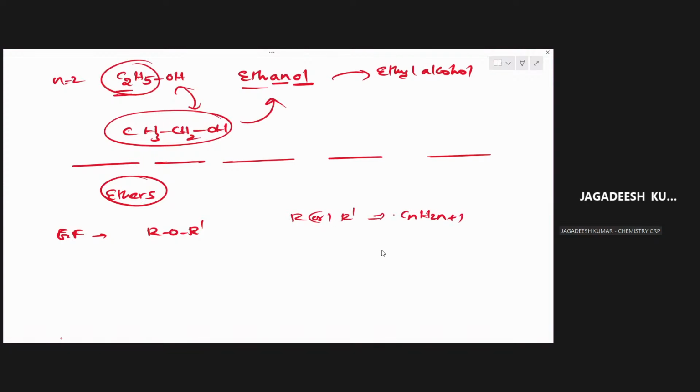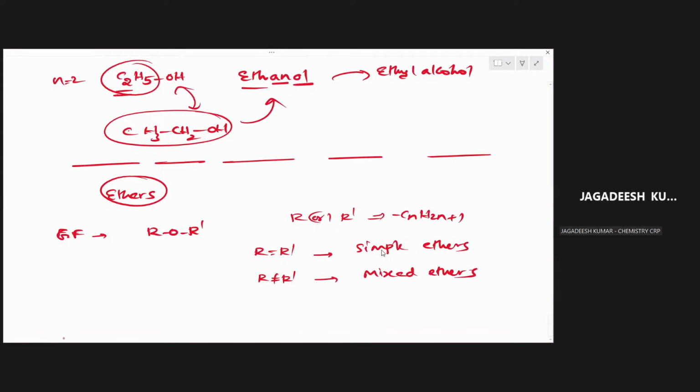But either R is equal to R' or R is not equal to R'. Both are possible. If both are the same, these are called simple ethers. If both are not the same, these are called mixed ethers.